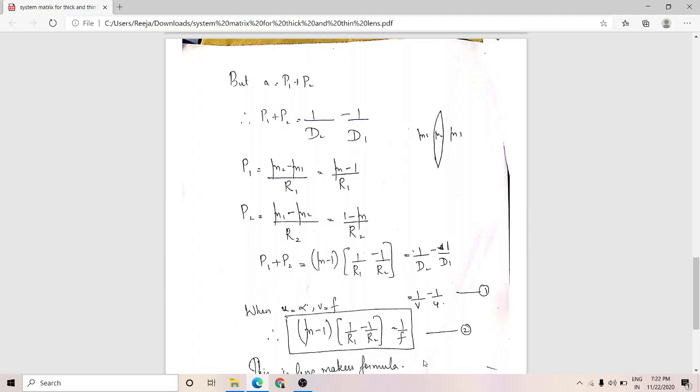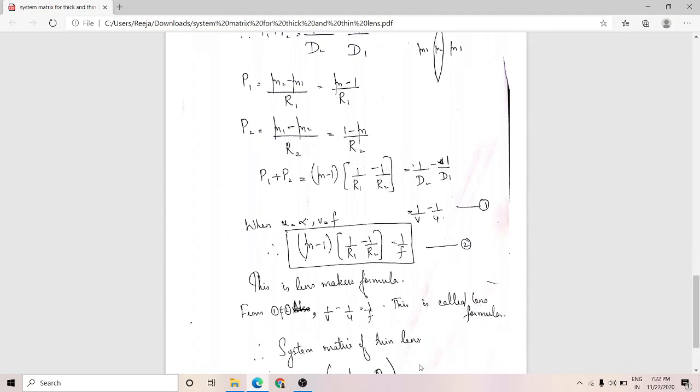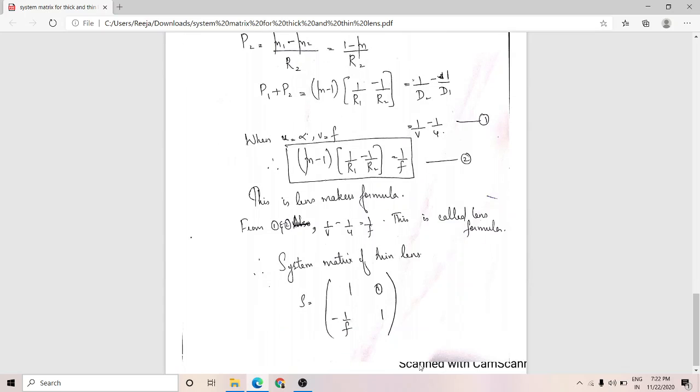So we can modify the system matrix for the thin lens too. The system matrix for the thin lens is given as capital S is equal to matrix 1, 0, minus of P1 plus P2, which can be replaced as minus 1 by f, and 1.